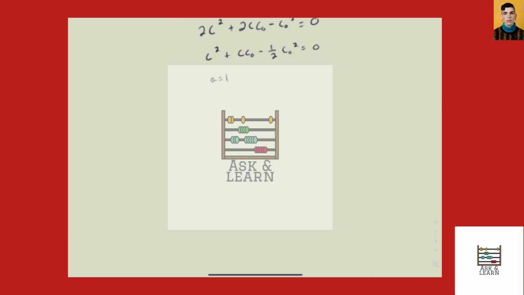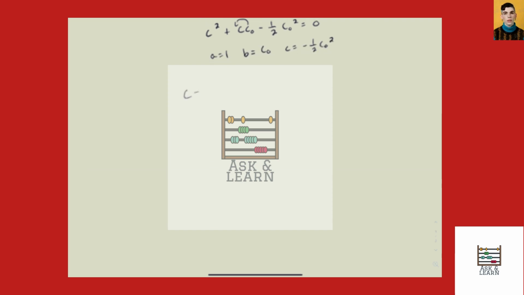So A equals 1, because I made it that way. B equals C0. This is really the coefficient. And then C equals minus 1/2 C0 squared. So let's see, C is minus B plus or minus the square root of B squared. Now we have minus 4AC.